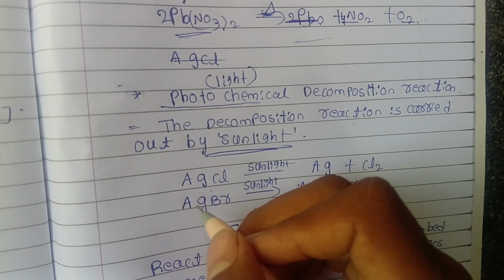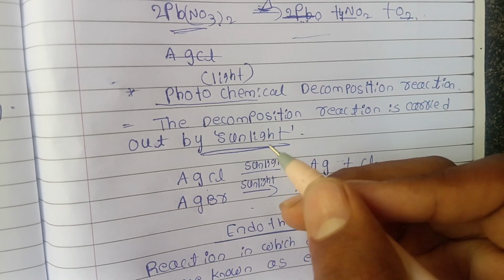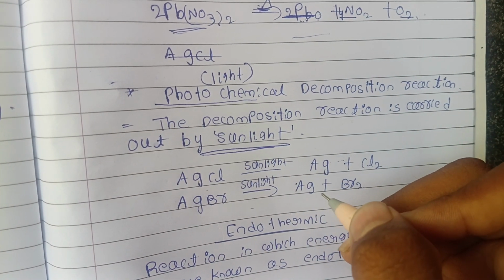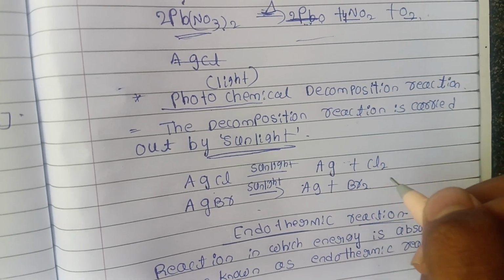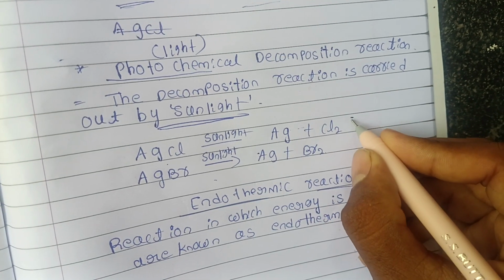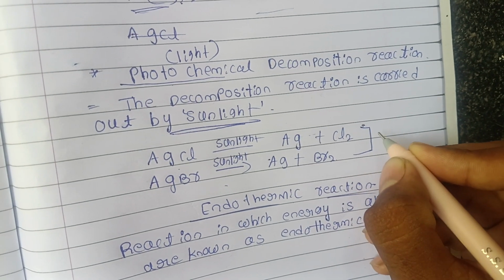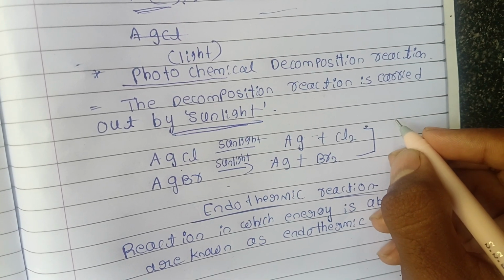Silver bromide similarly, when exposed to sunlight, breaks down to form silver and bromine. You can also notice that these two reactions are used in black and white photography.